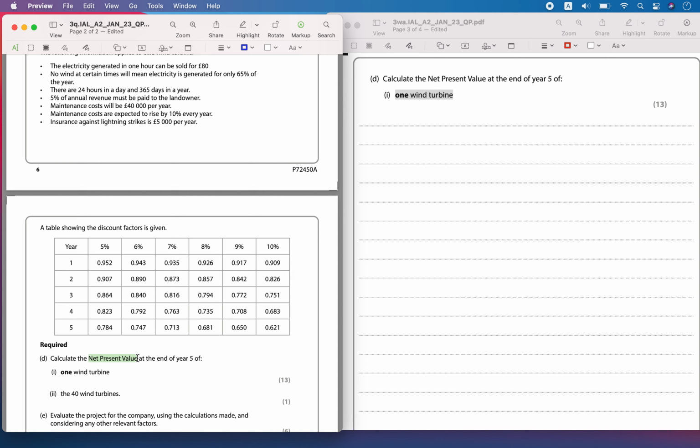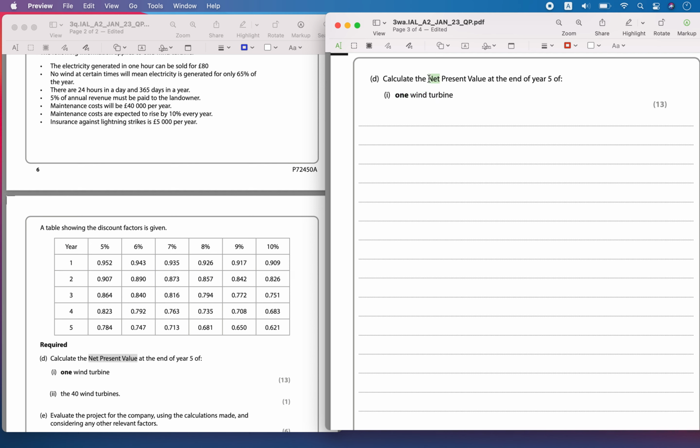What is the formula for net present value? The net present value is the discounted net cash flow that is going to happen due to an investment.